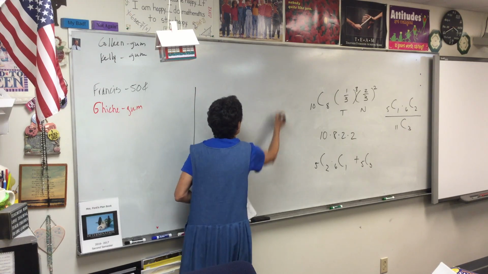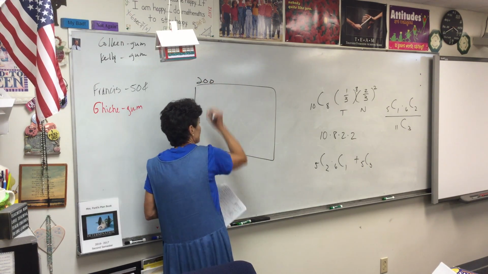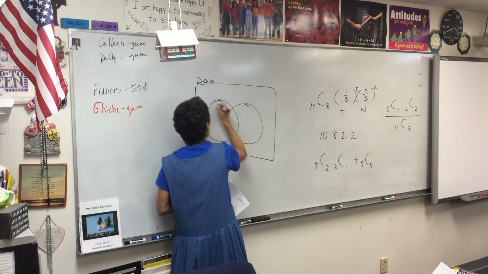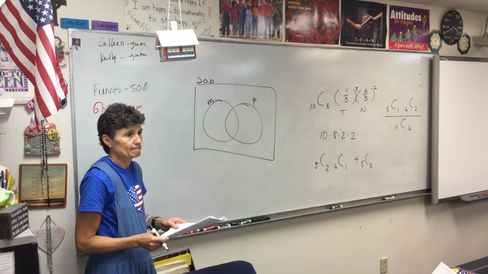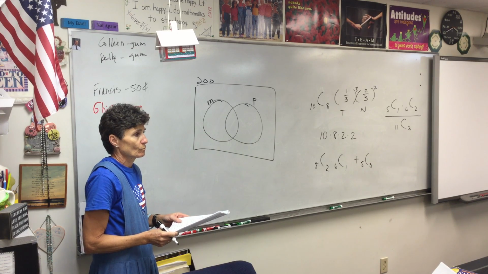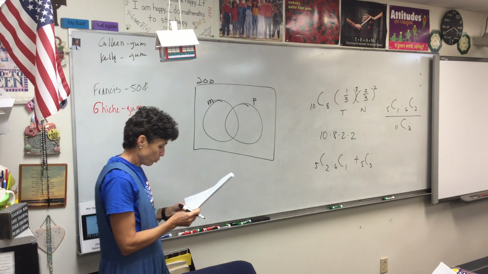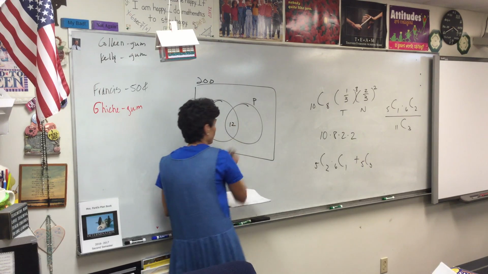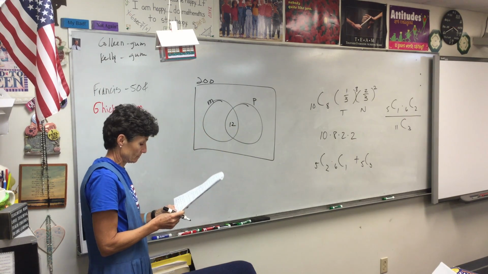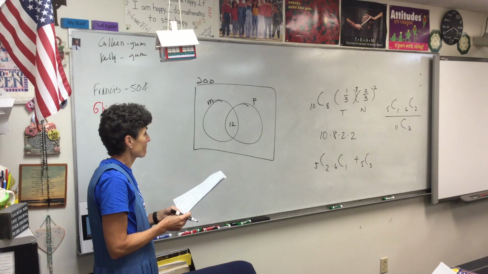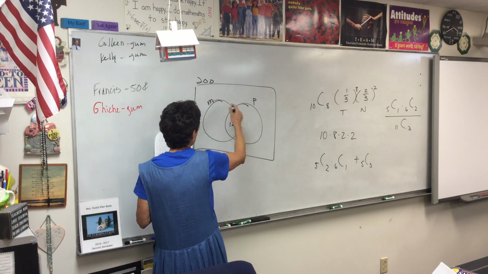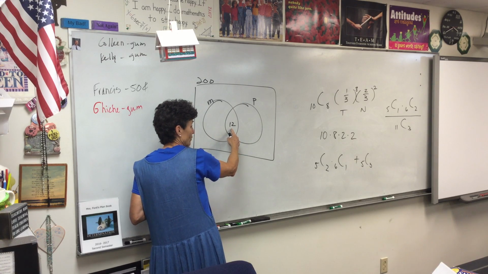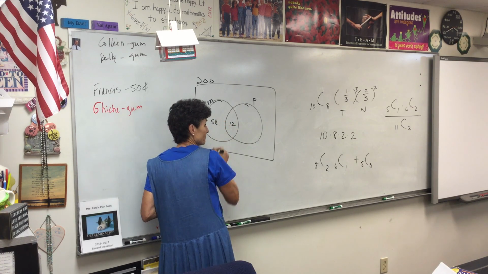So here are my 200 students. Some of them like Mountain Dew, some of them like Pepsi. We know 12 of them like both. Mountain Dew ball had 70 people in it, but 12 of them are in the overlap, so this must be 58.